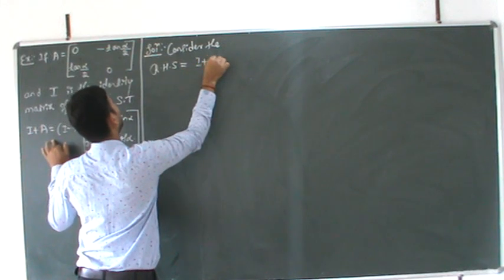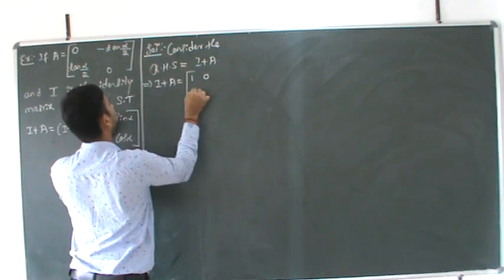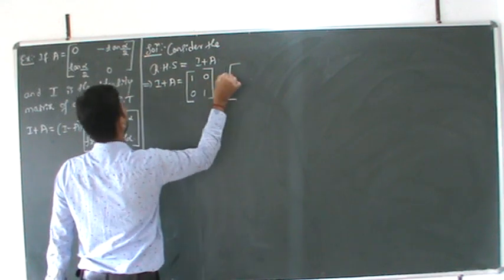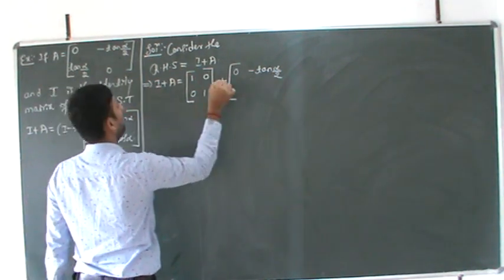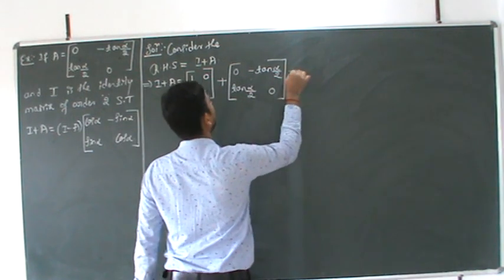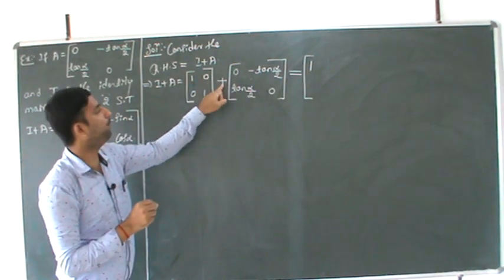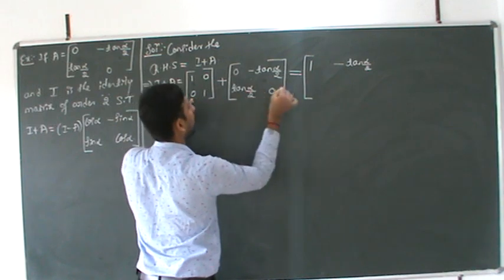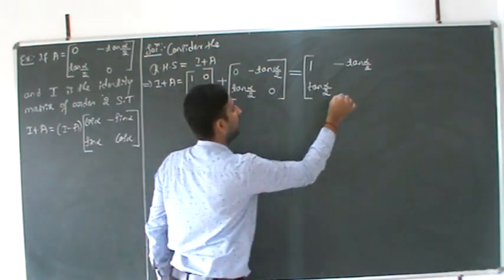I plus A, which implies I plus A is equal to I, which is nothing but the identity matrix of order 2, plus A, which they have given as [0, minus tan alpha by 2; tan alpha by 2, 0], which is equal to [1 plus 0, that is 1; 0 plus minus tan alpha by 2, that is minus tan alpha by 2; 0 plus tan alpha by 2, that is tan alpha by 2; 1 plus 0, that is 1].